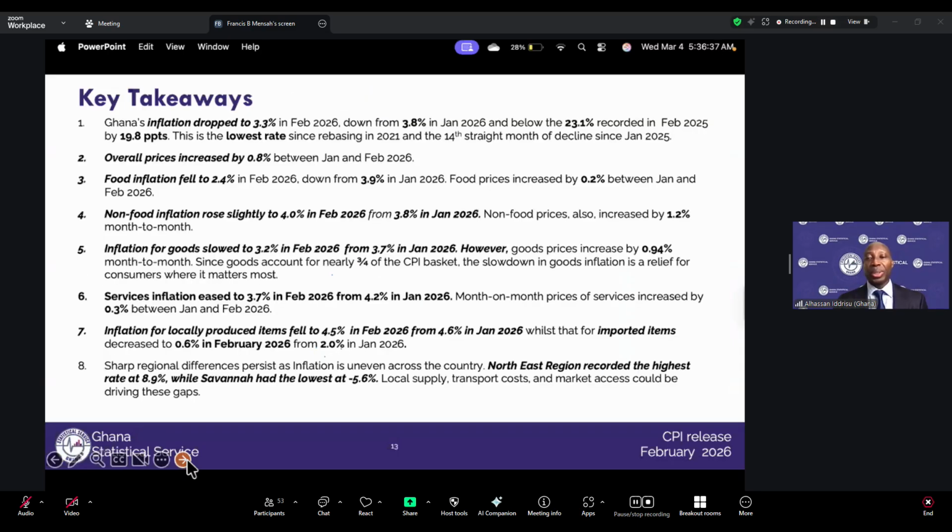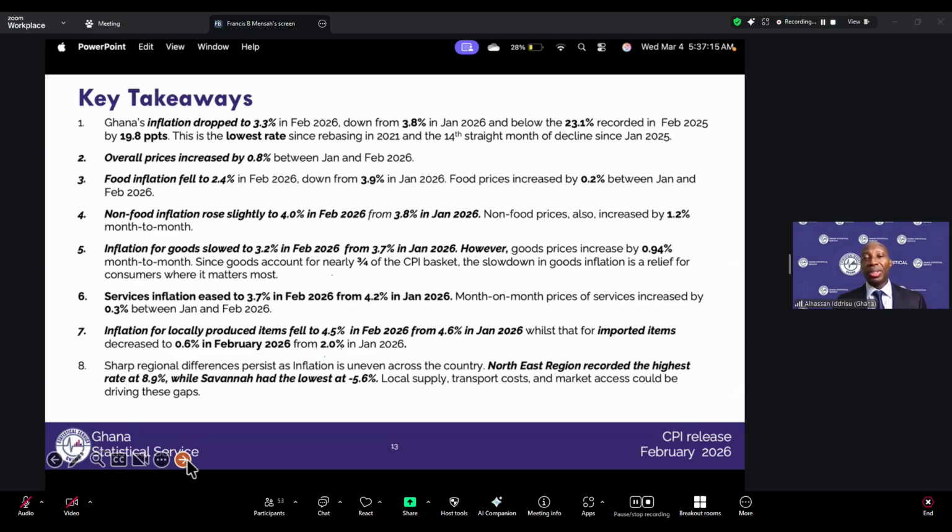Now, what are the key takeaways from the February 2026 CPI and inflation release? Let me summarize them. One, inflation has declined to 3.3% in February 2026 from 3.8% in January 2026 and 23.1% a year earlier. Two, food inflation has eased significantly to 2.4% from 3.9% in January 2026 and 28.1% a year earlier.